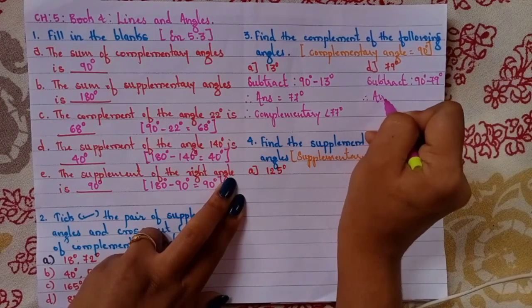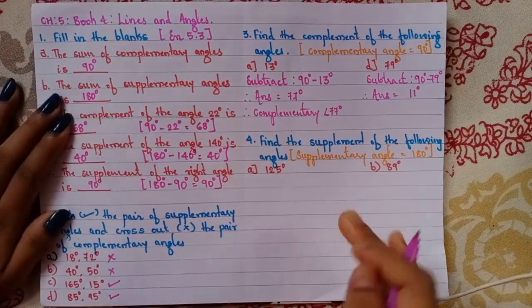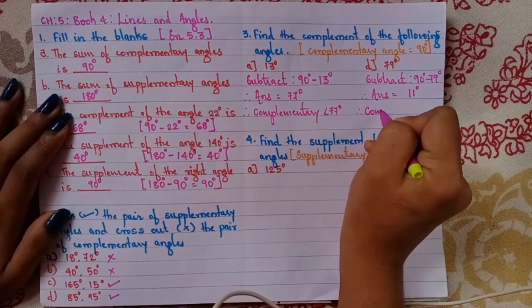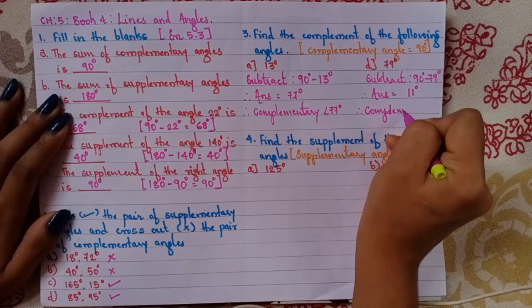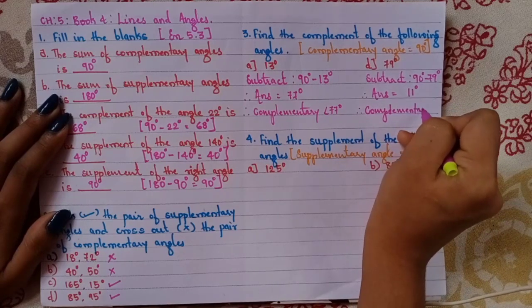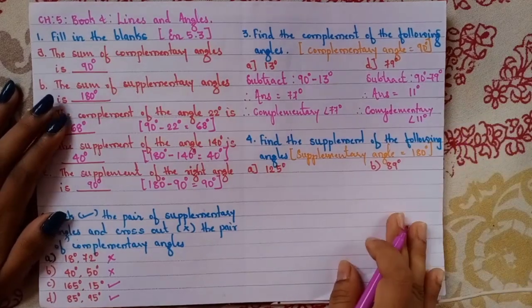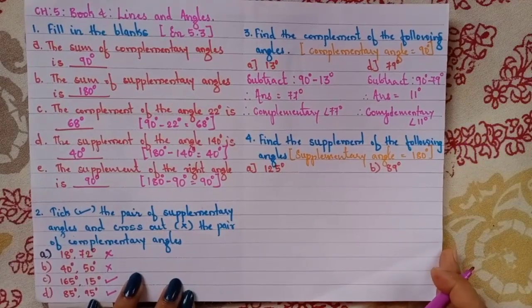Therefore the answer is 11 degrees. Therefore the complementary angle is 11 degrees. Okay, hope you have understood how to find the complementary angle.